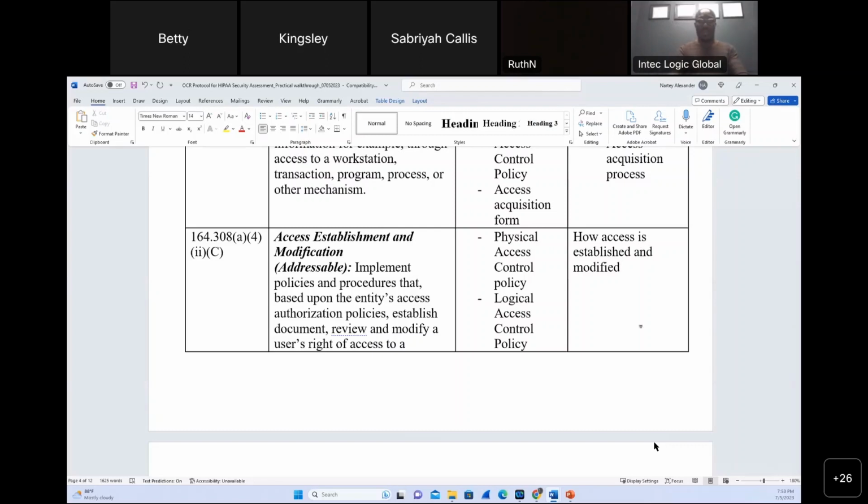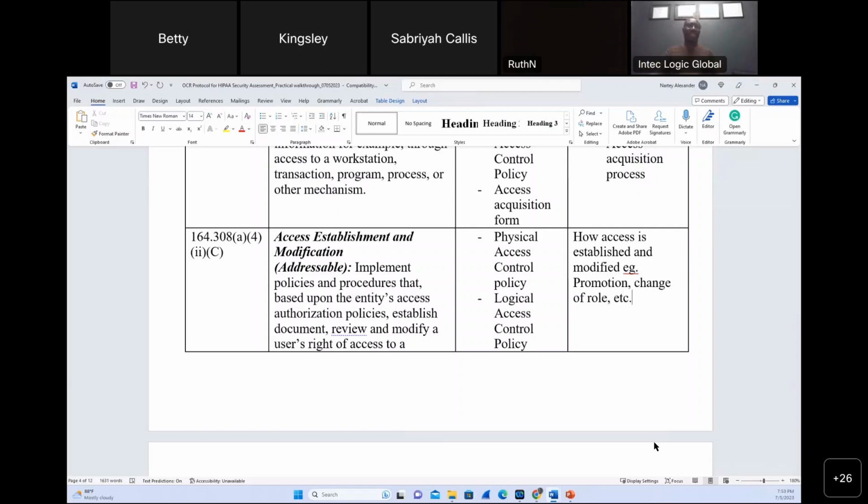Good. So let me put some examples here. For example, maybe promotion, maybe change of role, etc. So anytime there's a change, you shouldn't be the same person with the same access.